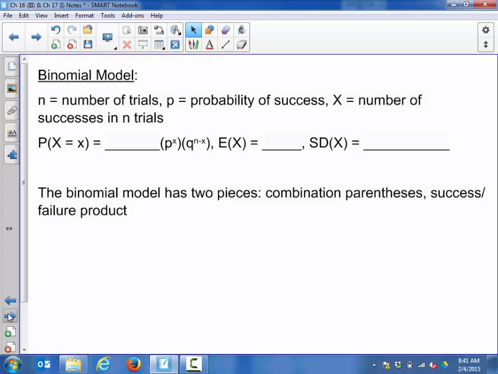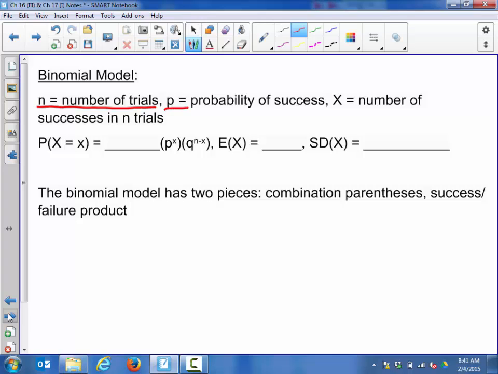Okay, on to the binomial. The binomial is a much more interesting model. The geometric is kind of weak in that it just tells us when the first success could occur. The binomial says if you take n number of trials, you could say that n is the number of coin flips, going back to that analogy.